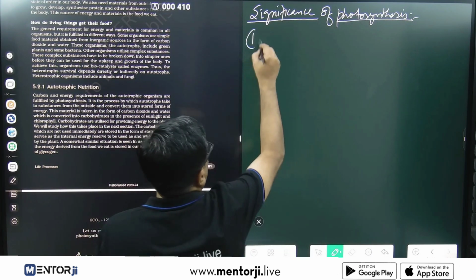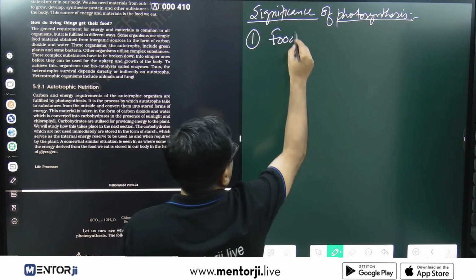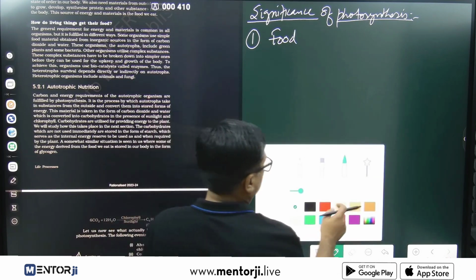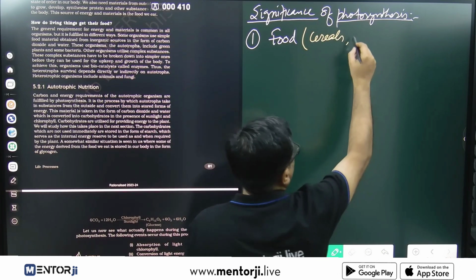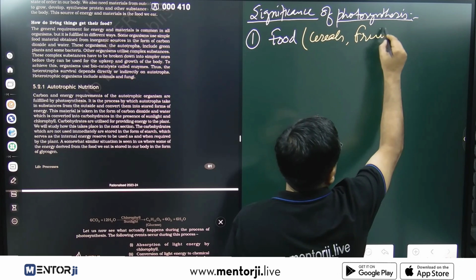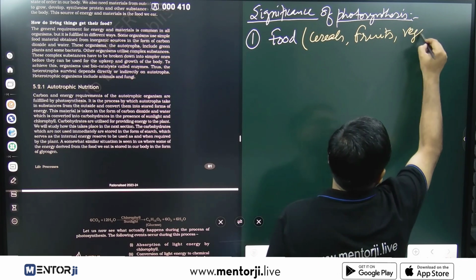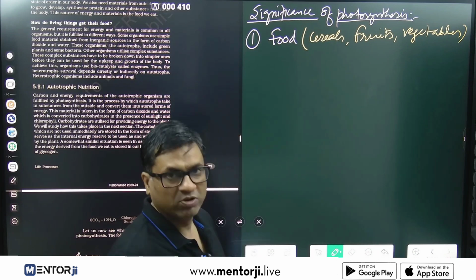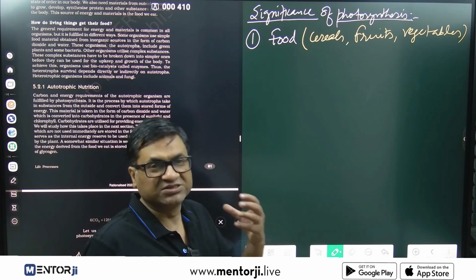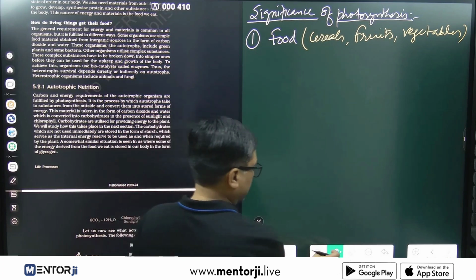So first significance is food. You know that all types of cereals, अनाज जिसे हम कहते हैं, fruits, vegetables, we can obtain from plants. Food के तौर पर प्लांट से ही हम obtain करते हैं.